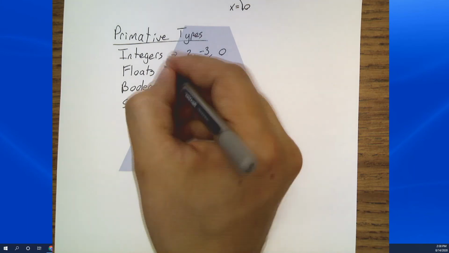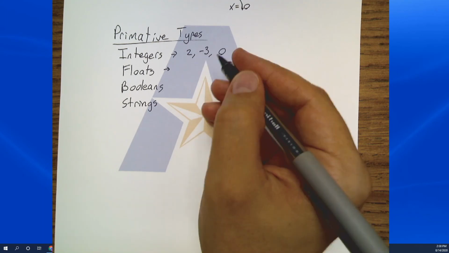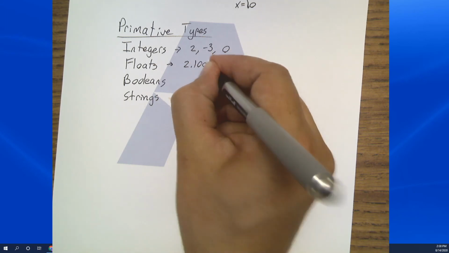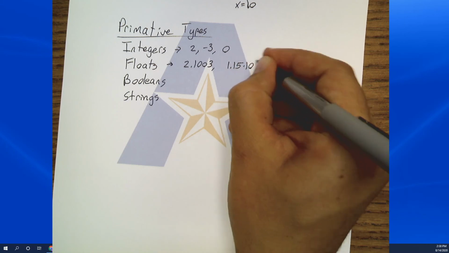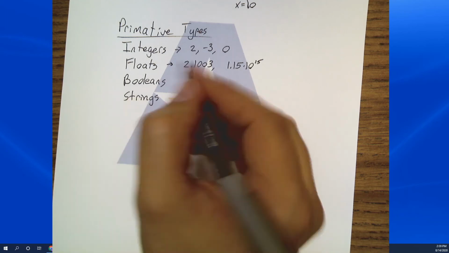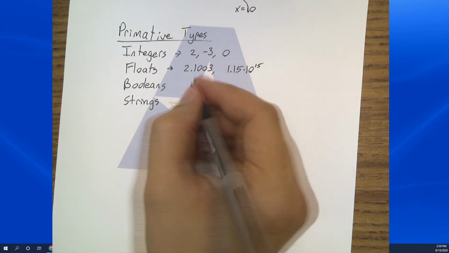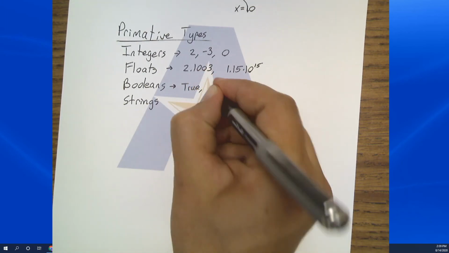Floats are basically real numbers, right? They're decimal values. 1.003, right? Or 1.15 times 10 to the 15, right? They're real values except the set of integers, if you want to be more technical.